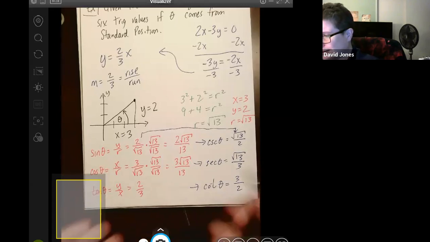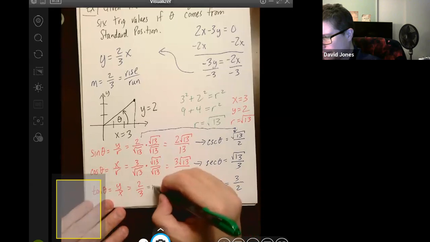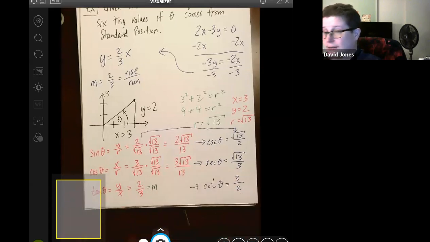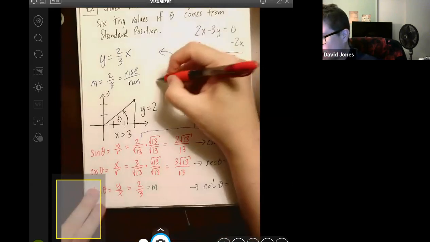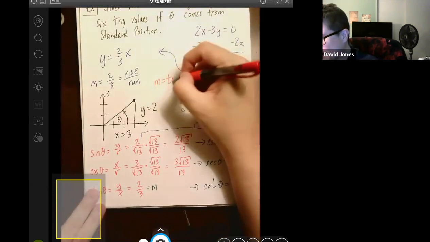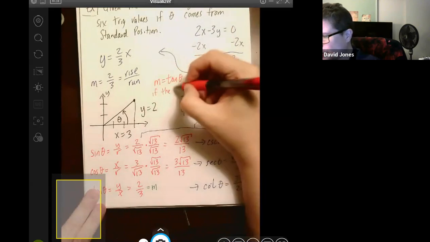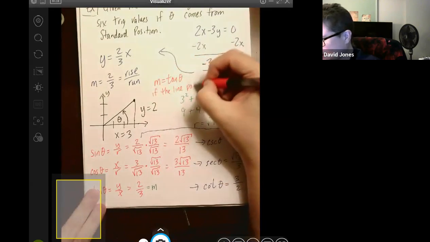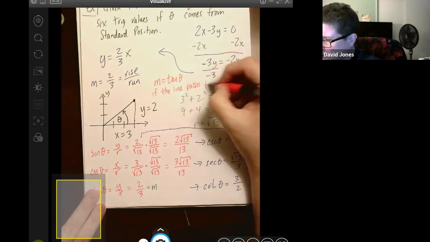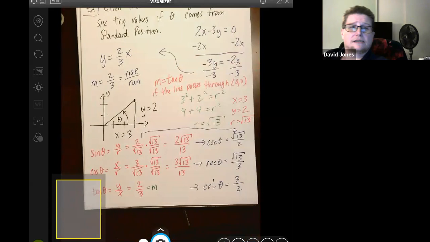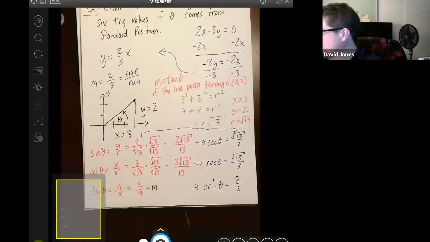Note, this is just m. M is tangent theta if the line passes through the origin, 0, 0. Okay.